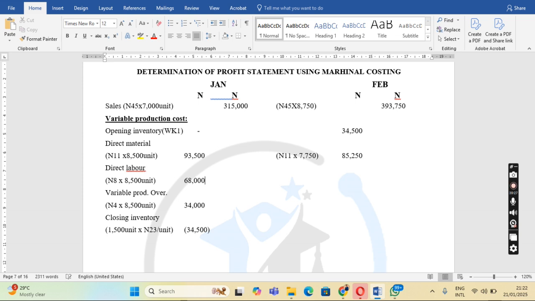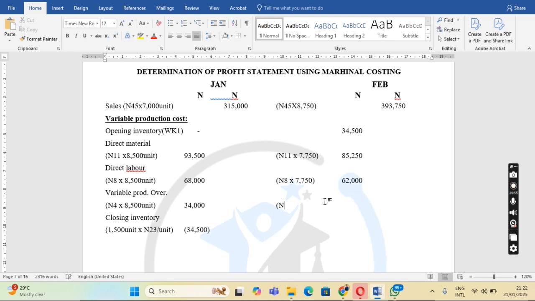Okay, so next, we have the same direct labor, 8 naira times 7,750. What do we have, class? 62,000 naira, right? So if this is established as well, we move.